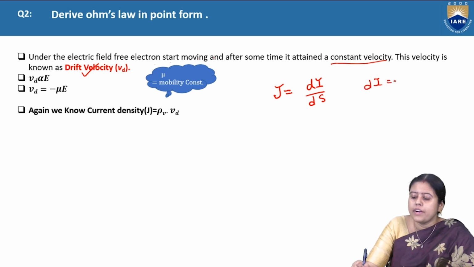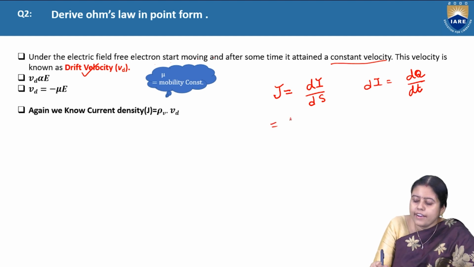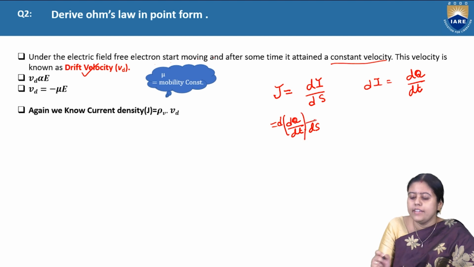Current is nothing but dq by dt, the rate of change of charge. So we can write it as d of dq by dt, by ds.